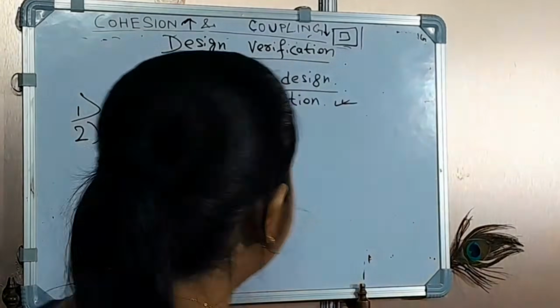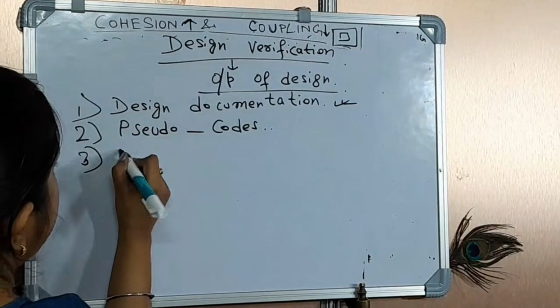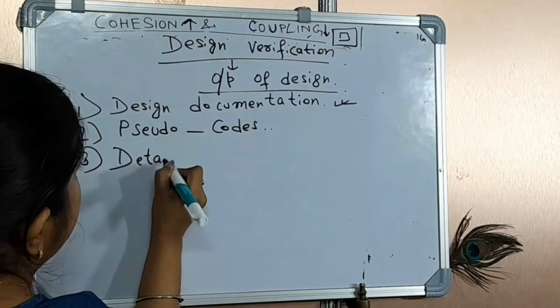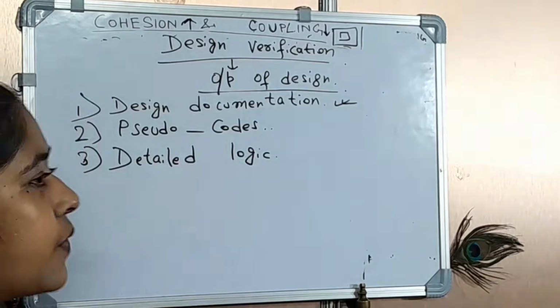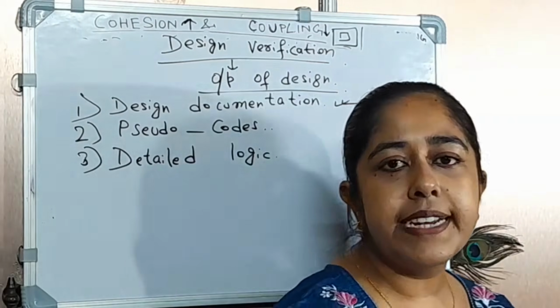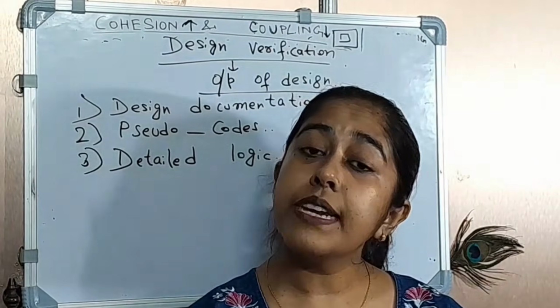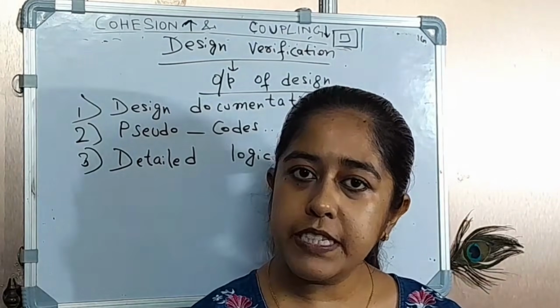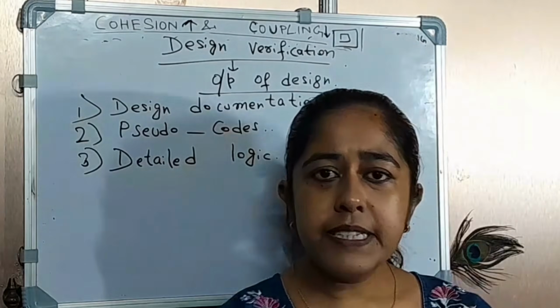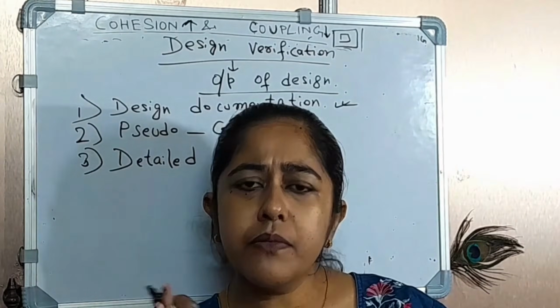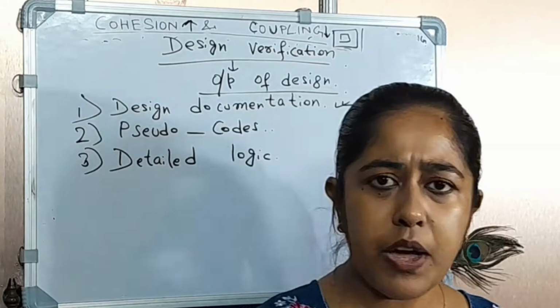Third one is the detailed logic. Since after requirement analysis and specification, what were we getting? We were getting the basic requirements which were given by the customer, mainly a category of what kind of requirements were there.